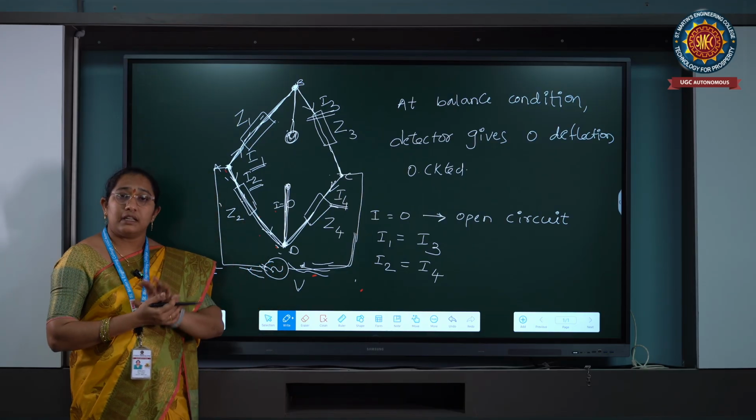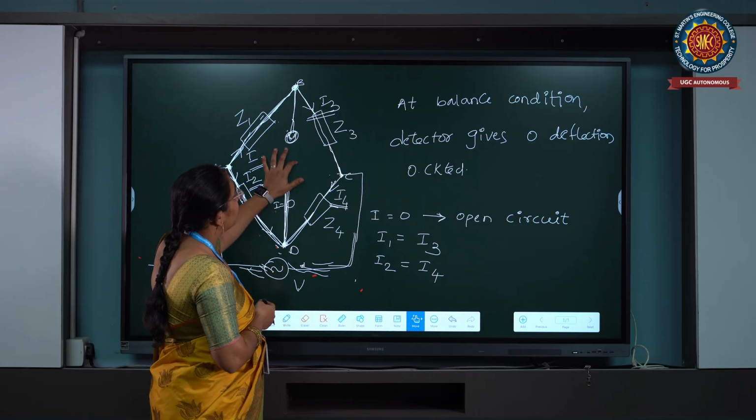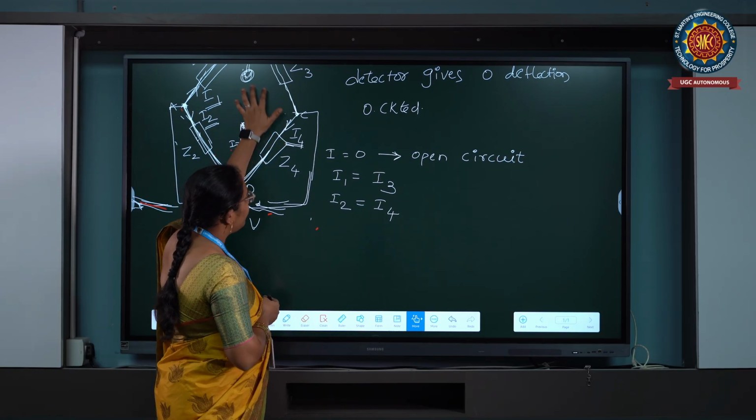Next, what is the voltage drop across the branches? We need to calculate the voltage drops also.